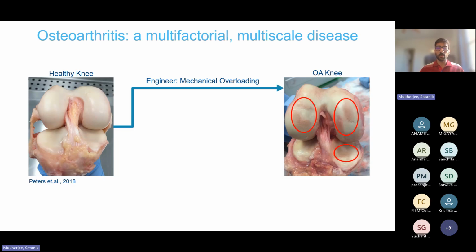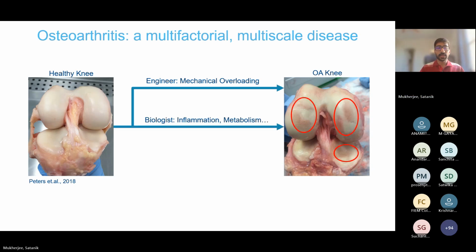So if you are overweight, or if you have loaded your joints more than normal, for example through sports-related activities that have induced trauma in the joints, that can cause cartilage damage. And this comes more from cartilage damage being a wear and tear disease.